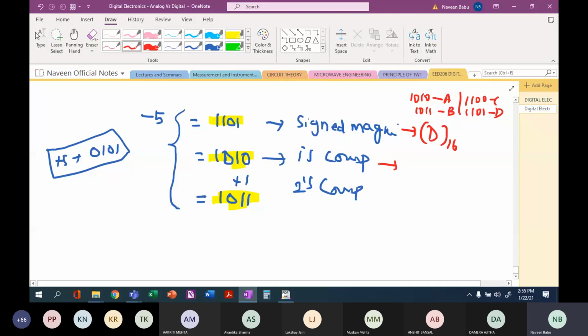In ones complement representation, it is A to the base 16. In twos complement representation, it is B to the base 16.